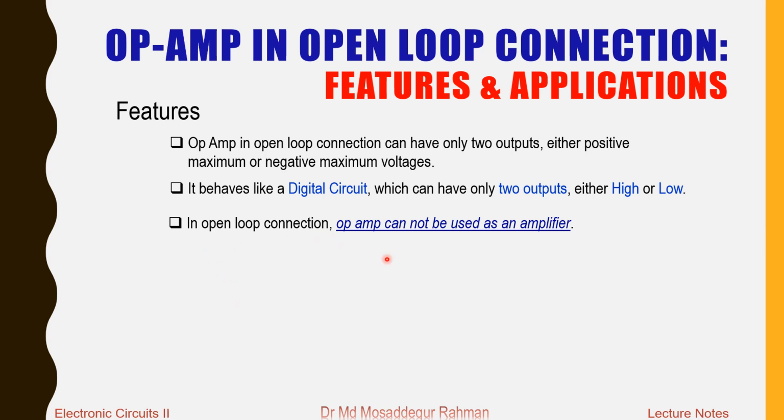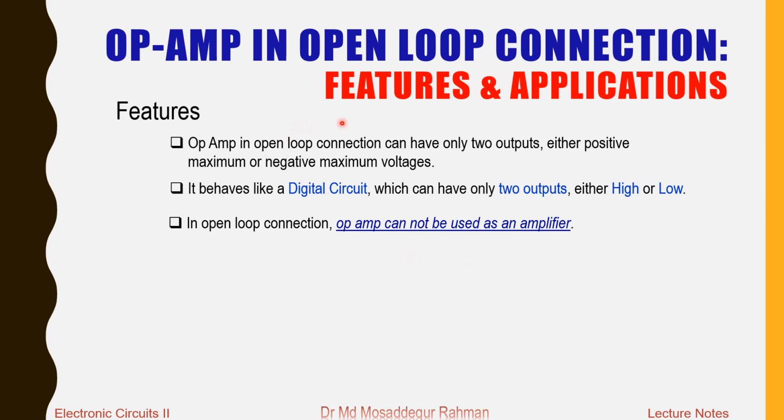So op-amp in open loop connection cannot be used as an amplifier, it doesn't work as an amplifier, because the basic nature of an amplifier is that the input is amplified and appears at the output. The higher the input, the higher the output; the lower the input, the lower the output. The output is just proportional to the input.